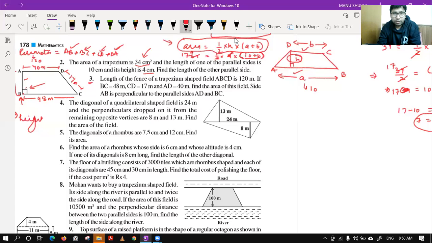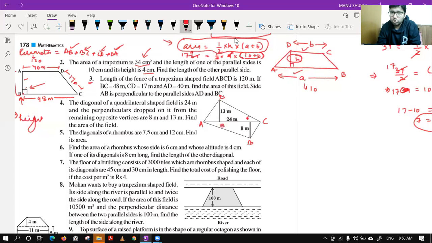The diagonal of a quadrilateral shaped field is 24 meters. So suppose I name it A, B, C, D, E, and F. The first thing you should do is make a diagram and name it, because after naming you can easily tell the story.